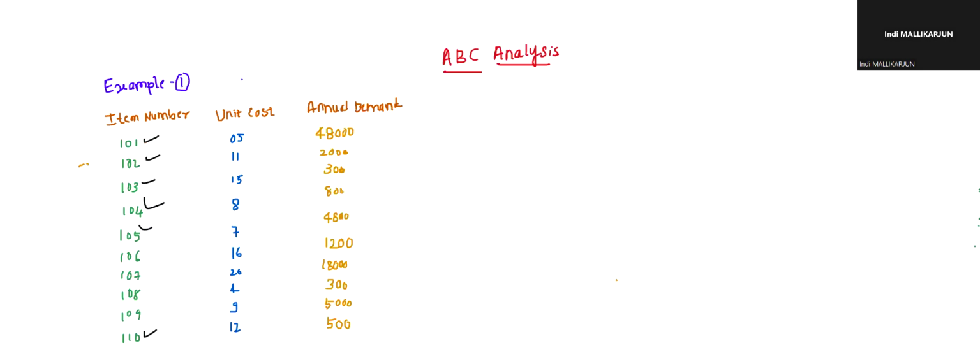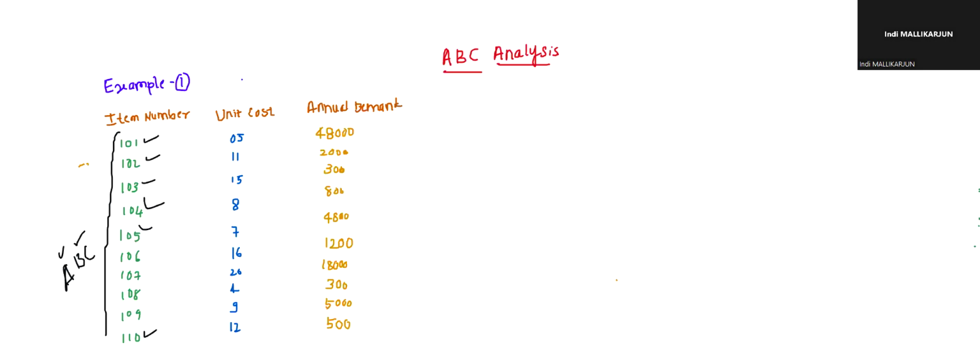For each item we have the unit cost, and the annual demand is 48,000, 2,000, like that. For each item the annual demand and unit cost are given. Now we have to classify these items based on cost and annual demand, to decide which item belongs to which group, whether A, B, or C.